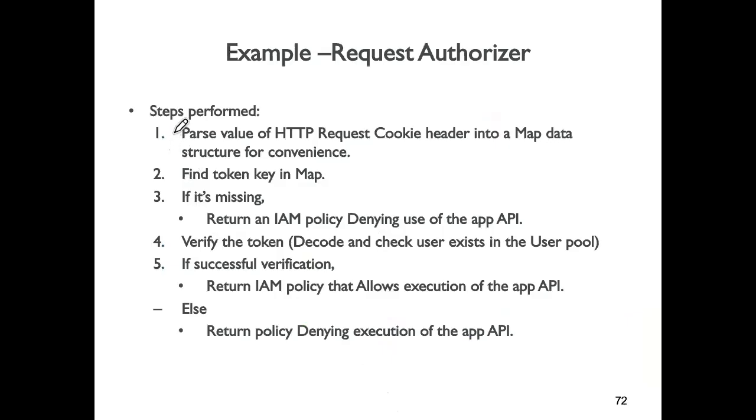This is essentially the steps performed by the authorizer Lambda, and it's predictable enough. It essentially needs to extract the particular cookie, in our case we called it the token cookie. It extracts that from all of the cookies that might come with a request, because a request may have more than one cookie. So it's just extracting the one that it's interested in.